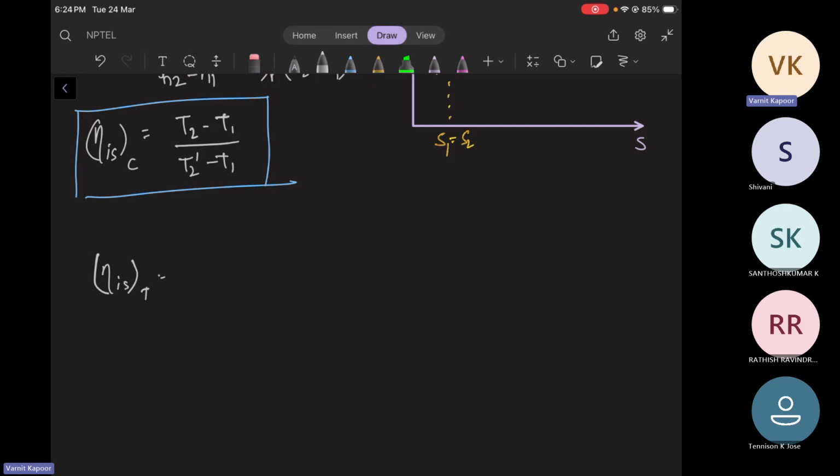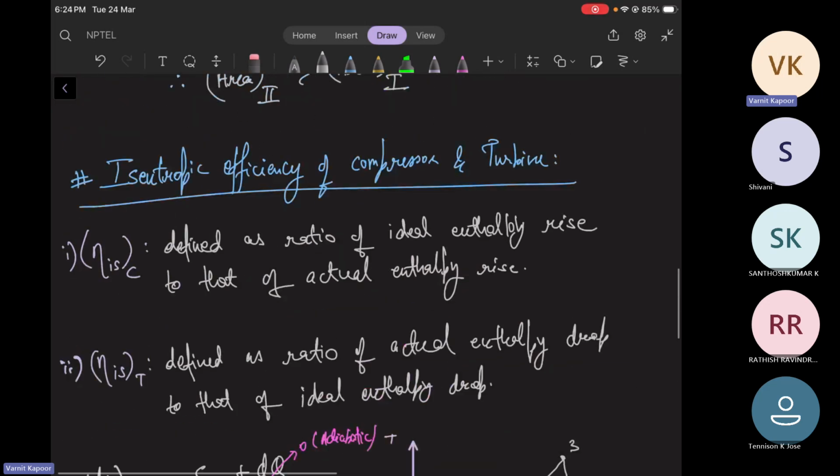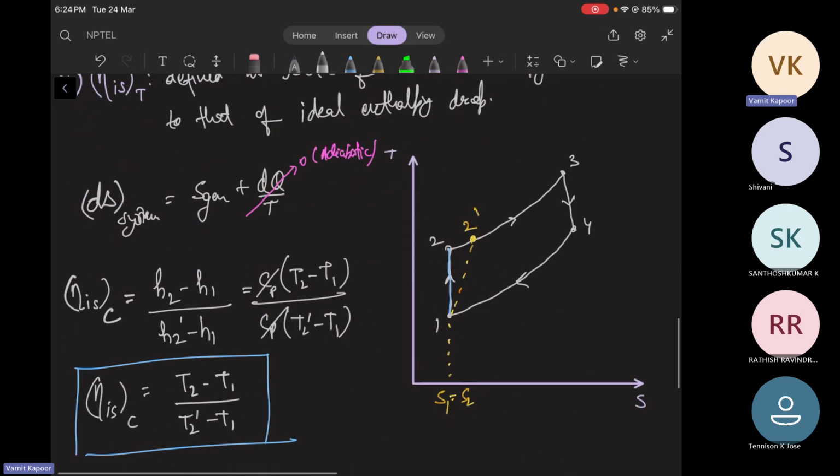Similarly, the isentropic efficiency of a turbine will be the ratio of actual enthalpy drop to that of ideal enthalpy drop. What do I mean? In the ideal case I was going from 3 to 4 where my entropy was constant, that is S3 was equal to S4. This was an idealistic scenario, but it won't always be idealistic.